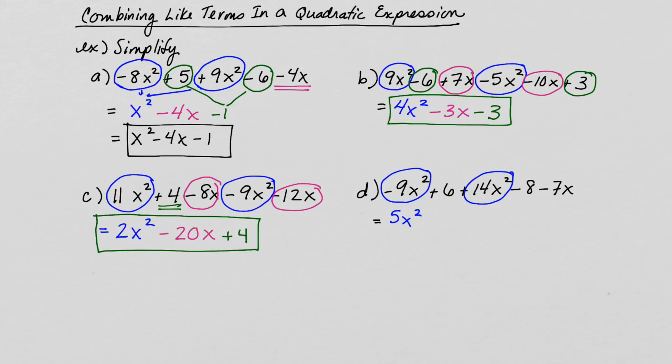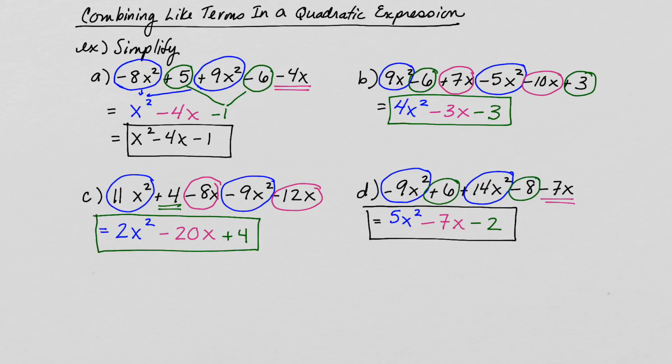I also have the plus 6 and the minus 8, they go together. And then that minus 7x, there are no other x terms. It's the only one. So we're just going to do minus 7x. And then if I do the 6 minus 8, that gives me a negative 2. So this here is that final answer.